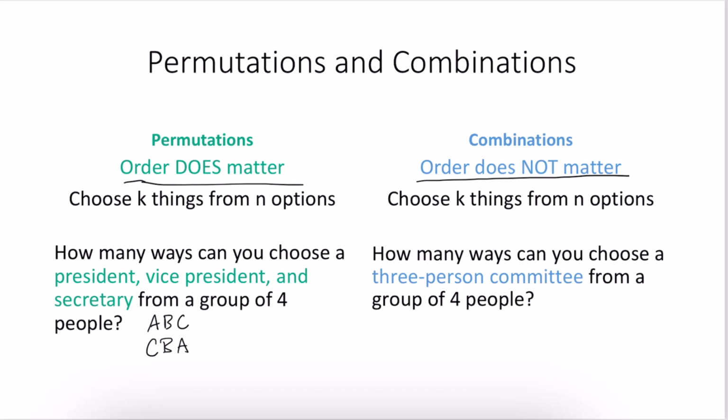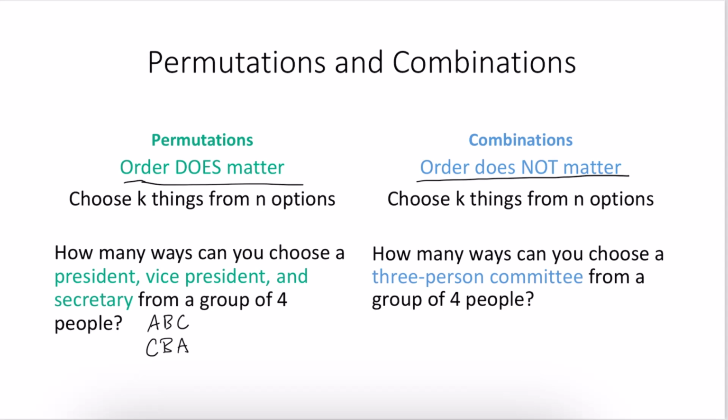Those are considered to be 2 different things because you have a different person who's the president and the secretary. But if you were looking at a 3-person committee, these 2 things would be considered to be the same because it's just a 3-person committee and it doesn't matter which order you list their names in. So with permutations, the order does matter, and with combinations, the order does not matter. And that's really the only difference between these 2.